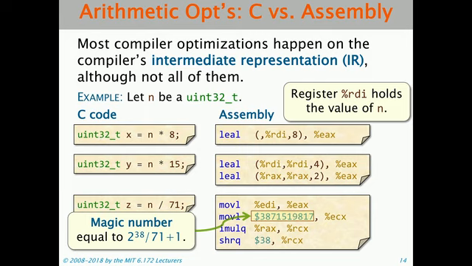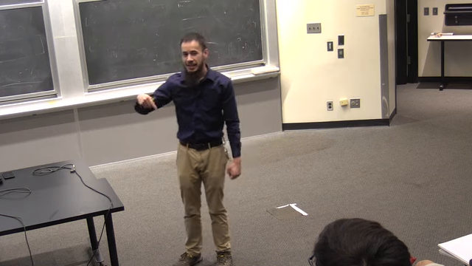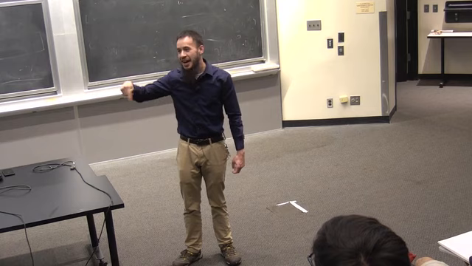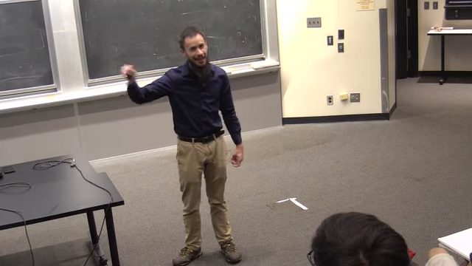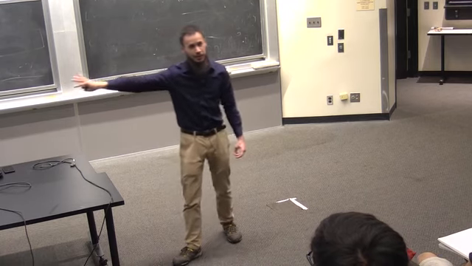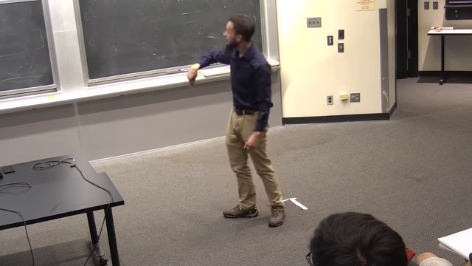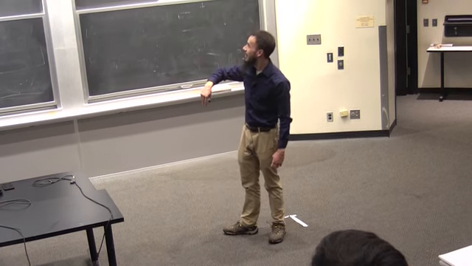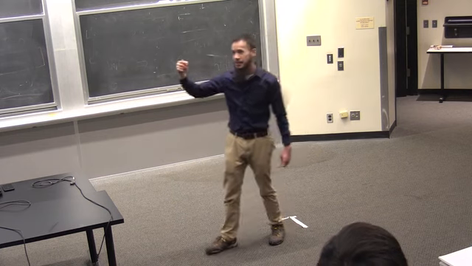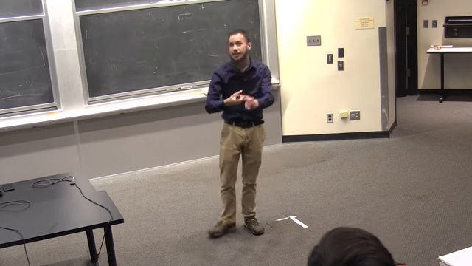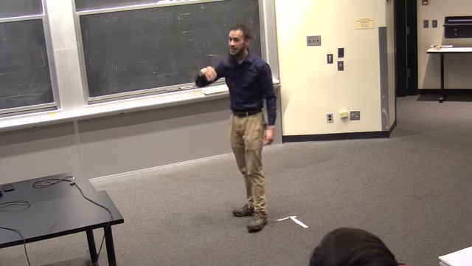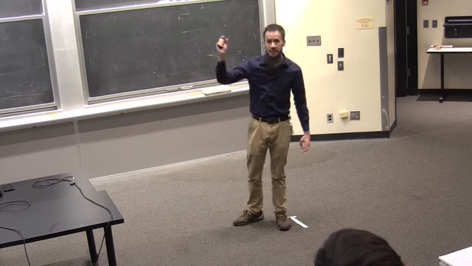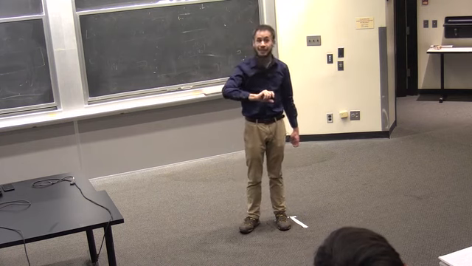What this code does is it says, let's compute n divided by 71 by first computing n divided by 71 times 2 to the 38, and then shifting off the lower 38 bits with that shift right operation. And because it can, by converting the operation into this, it's able to replace the division operation with a multiply.